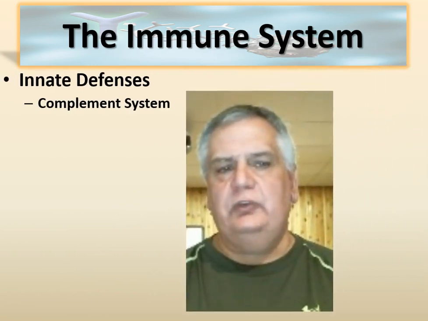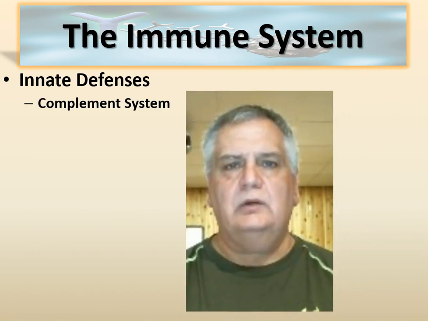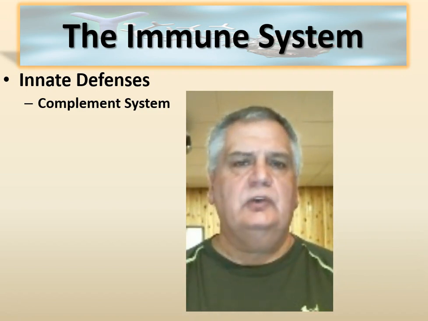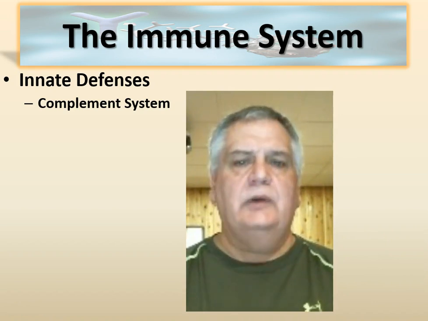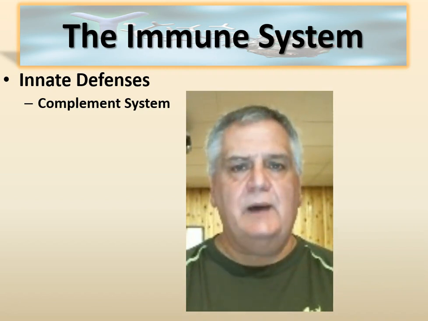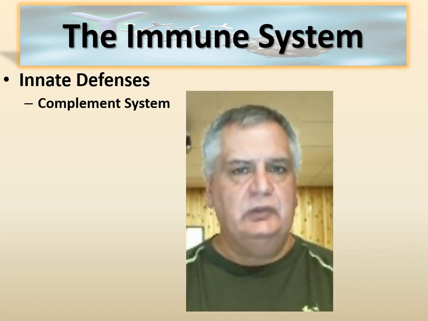Okay, before we go on to the complement system, can you see why the 4 hallmark signs of inflammation occur? Histamines are going to be released. That's going to dilate blood vessels. When those blood vessels dilate, that's going to increase blood flow into the area. We're going to have redness. There's going to be swelling because with that increased blood flow and the gapping, there's going to be more fluid exchange into the tissues.